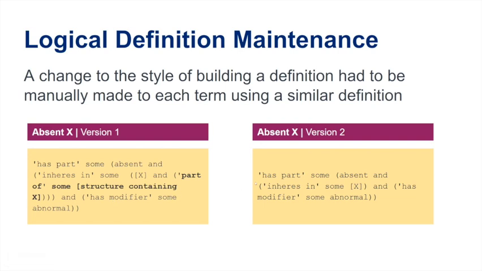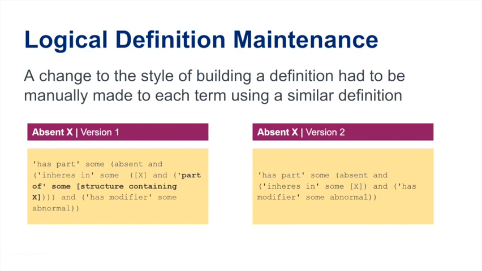And then over the years, we decided, well, no, we don't really need to say that. You can just say the kidney is absent. But that meant we had to go back and find every case where we had used this old pattern and change it to the new pattern. And I can say with confidence, we still haven't found them all.